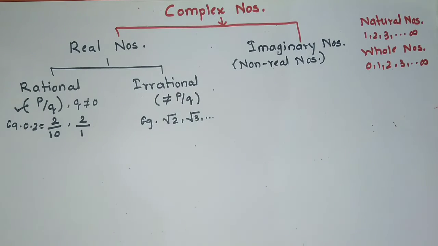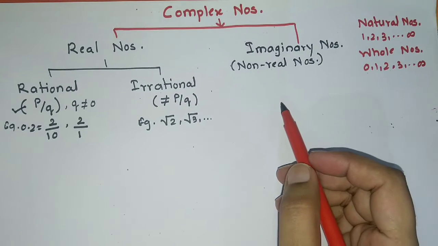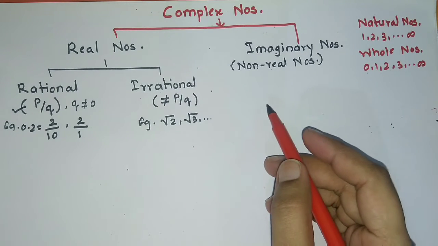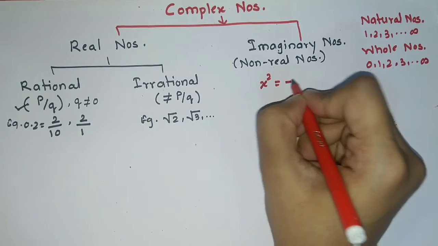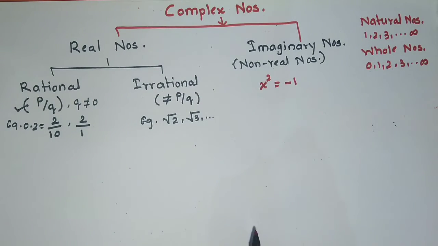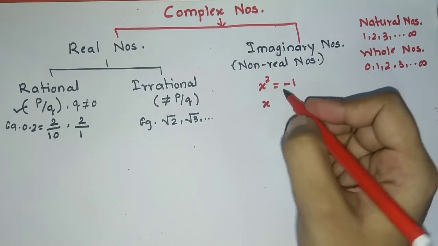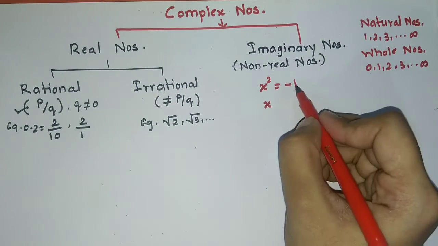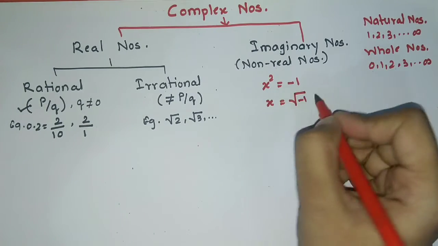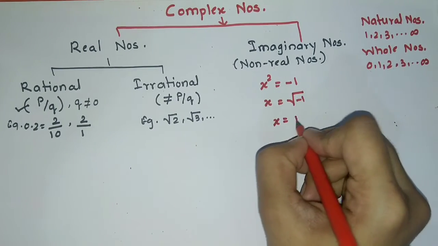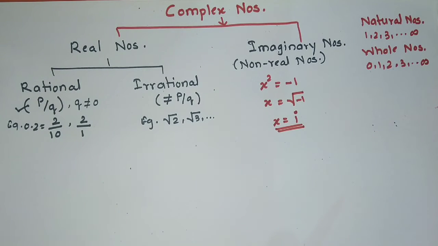We have seen what real numbers are. Now first let's see what imaginary numbers are. Suppose x square is equal to -1 is given, and they ask the value of x. Now we cannot find the square root of a negative number, so we denote this as i, which is nothing but our imaginary number.